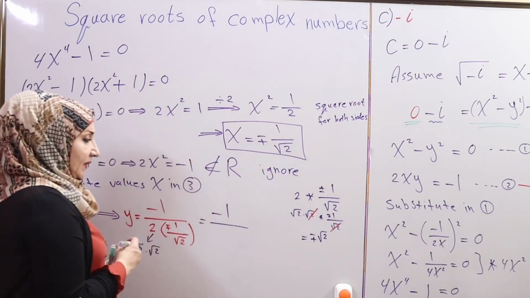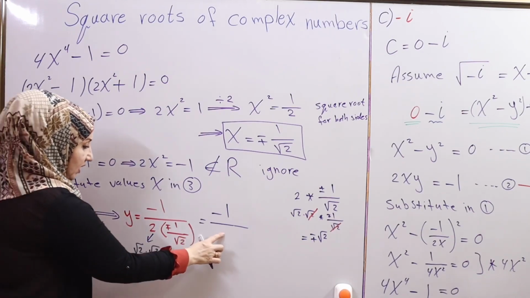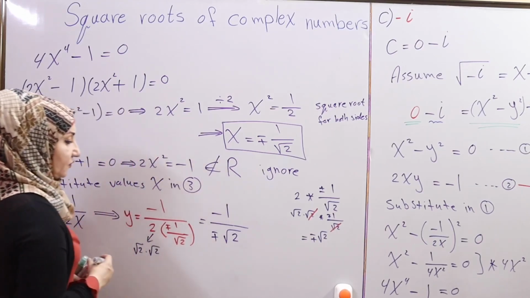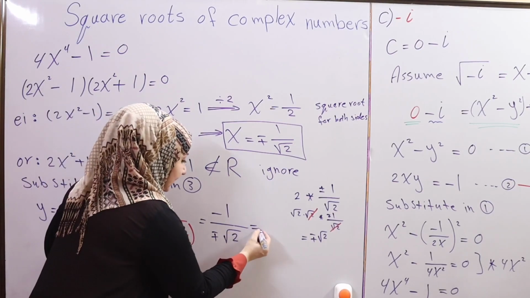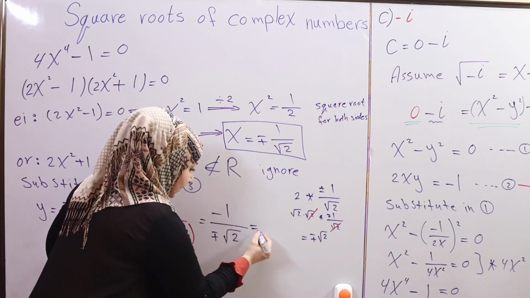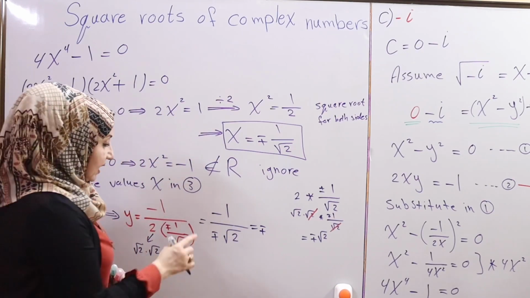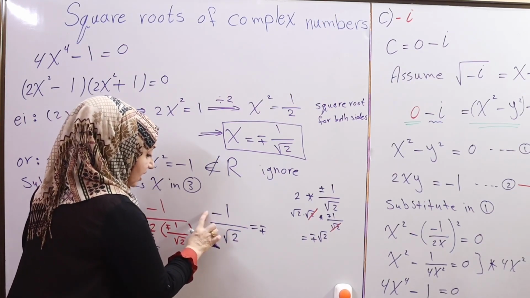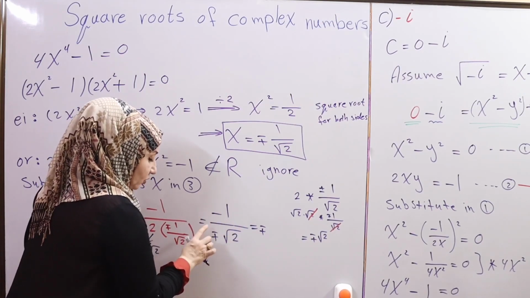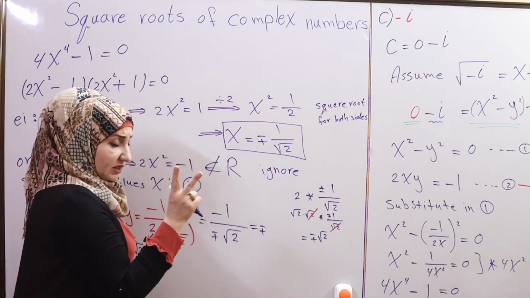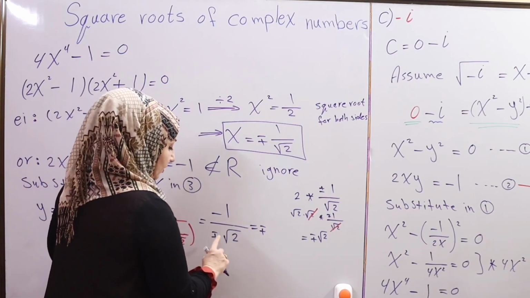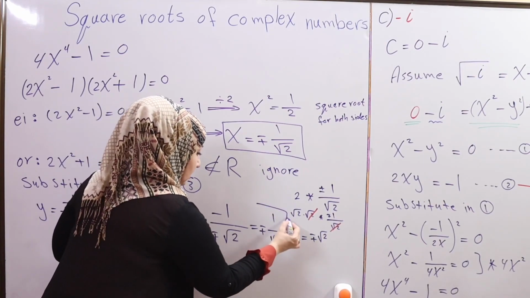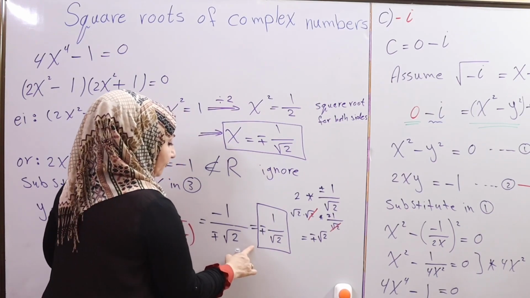And that's mean we have in the denominator positive negative square root of 2. سالب على سالب موجب راح يطلع ناتج سالب أو موجب، أي الاحتماليتين: سالب أو موجب 1 on square root of 2. These are the two values of y.